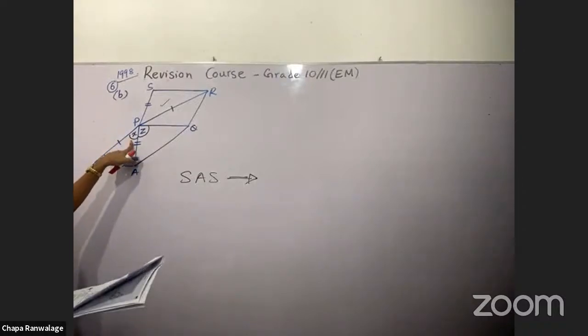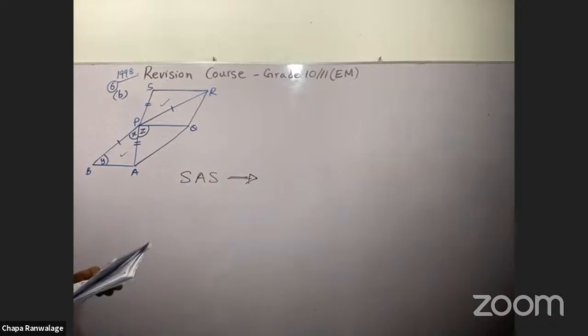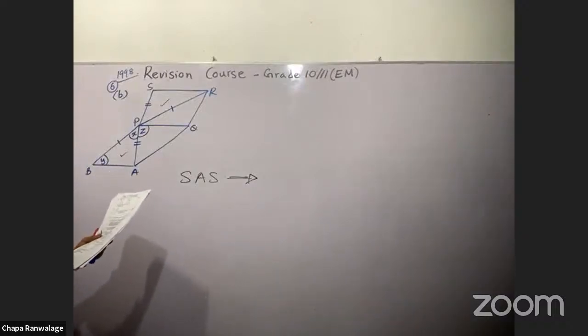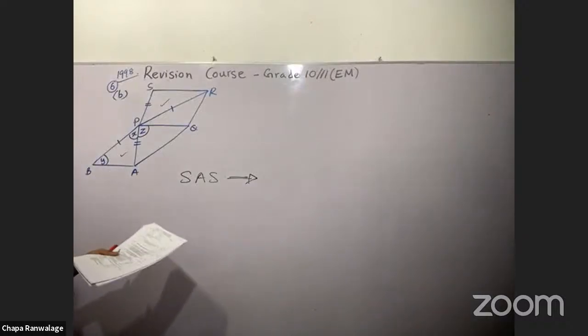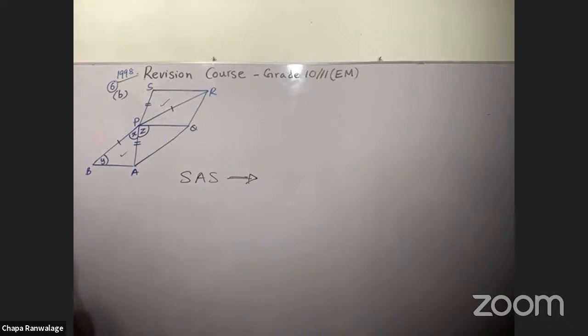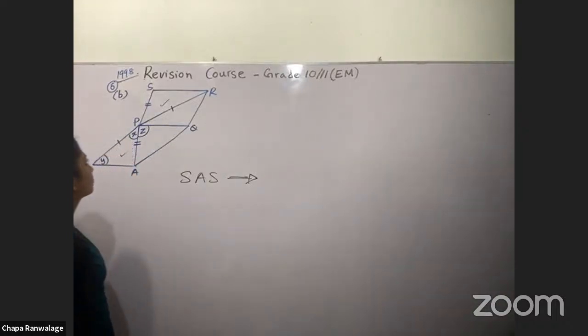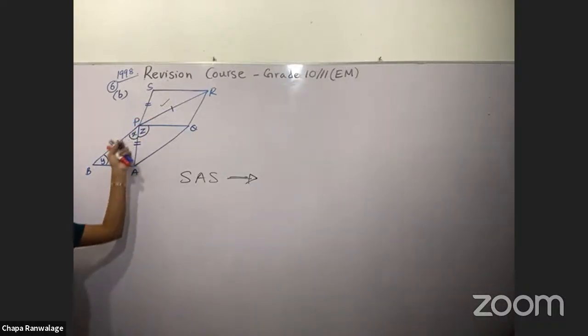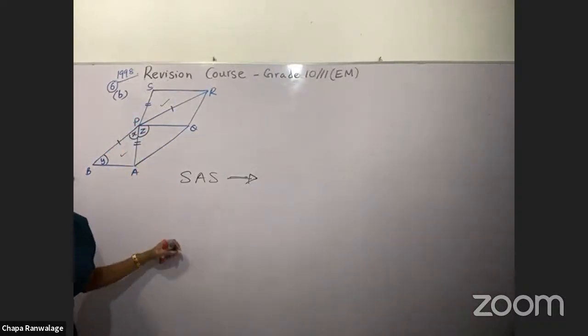This is X now. So which angle is equal to it in triangle PRS? There is no common angle. There is no way to get an angle relationship here.